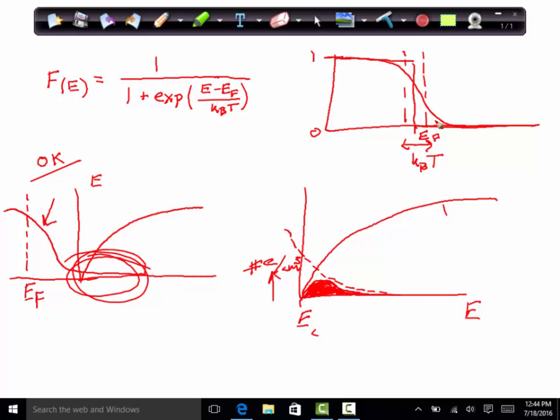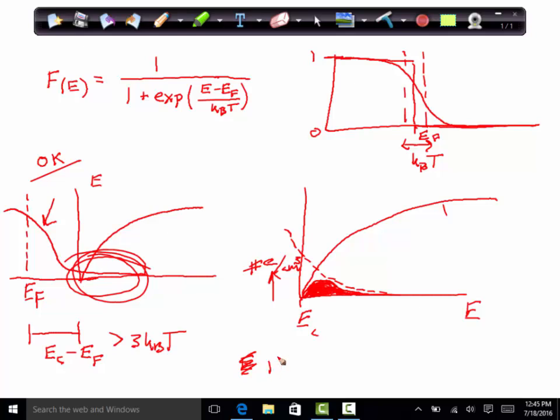The Fermi-Dirac function is not quite ideal, especially in cases where the Fermi energy is more than a few kBT away from the energies you want to talk about. As long as EC minus EF is greater than about 2.5 or 3 kBT, we can make an important approximation, called the Boltzmann approximation.